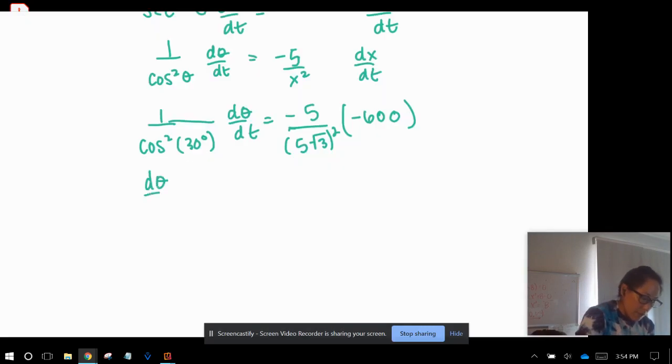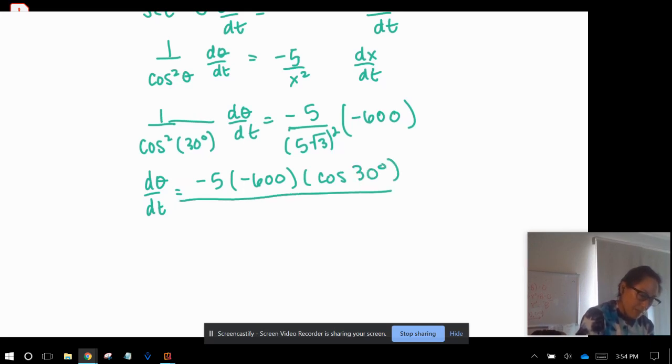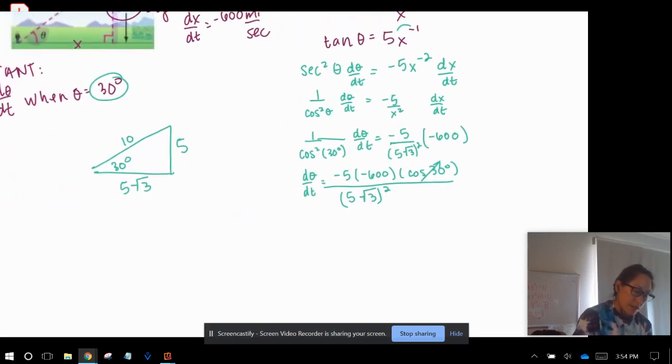So d theta, which I did wrong a bunch of times before this, negative 5 times negative 600 times the cosine of 30 degrees all over 5 square root 3 and all of that squared. Okay, cosine 30, if you look, cosine 30 would be this guy over this guy, which is root 3 over 2.